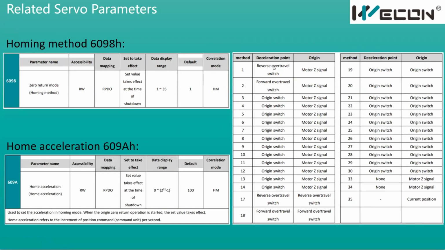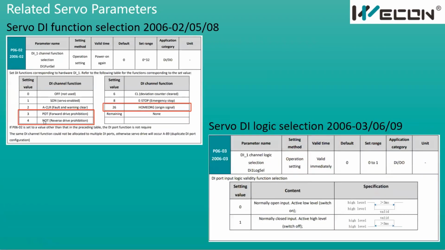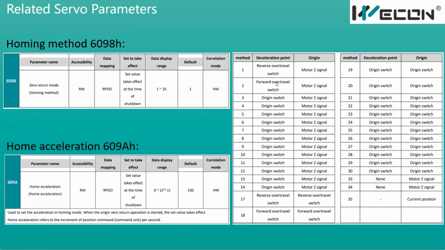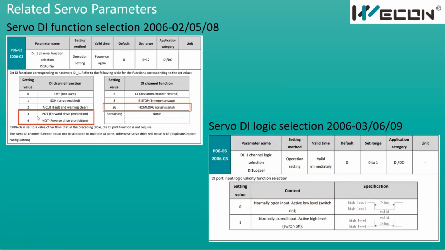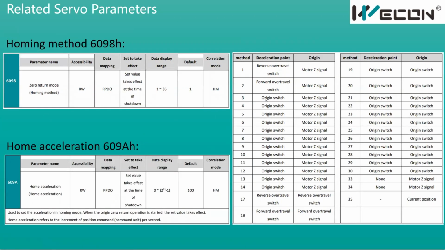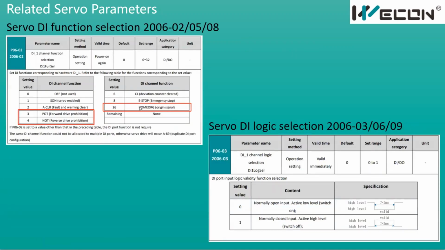Here, the reverse over travel switch is NOT, and the forward over travel switch is POT. And the orange switch, we also call it the home switch. We need to set it as HOME-ORG.